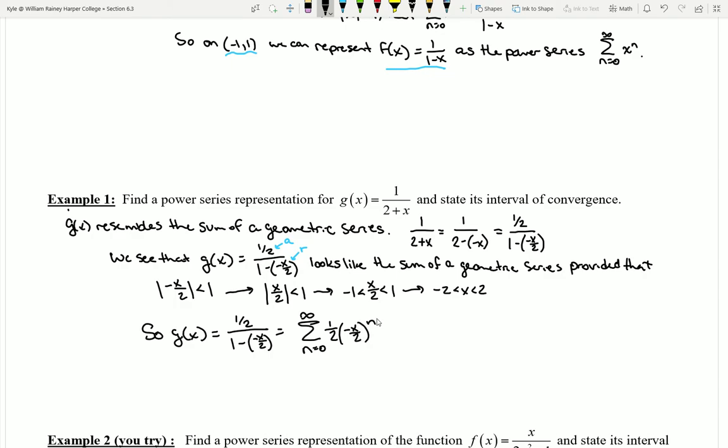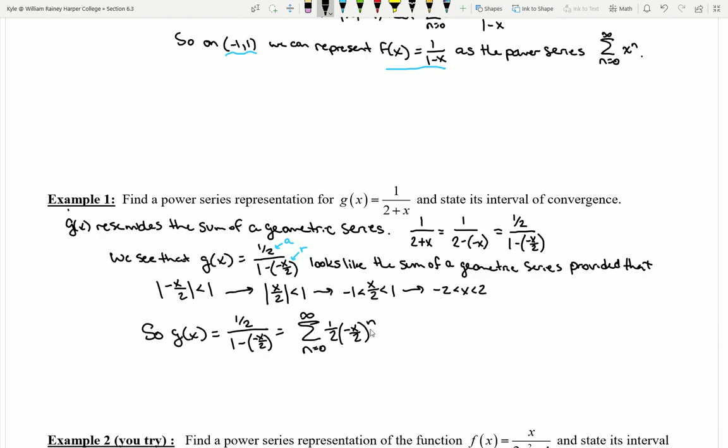Now don't be surprised that I'm not writing n minus 1, because I'm having my series start at n equals 0. Remember that with every geometric series, the first value that the power should take on should be 0. So since n is equal to 0 down here, I only need power n. If n started at 1, then I would need power n minus 1. But I'm just going to write it like this.